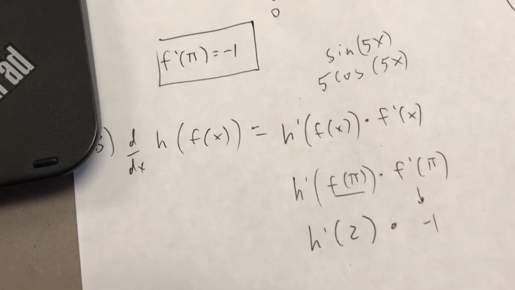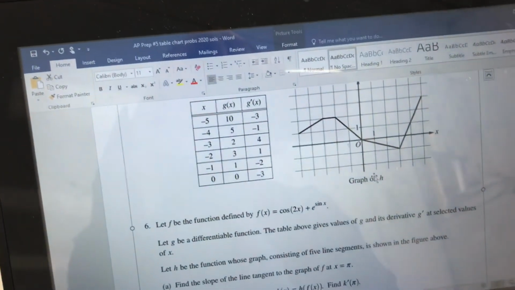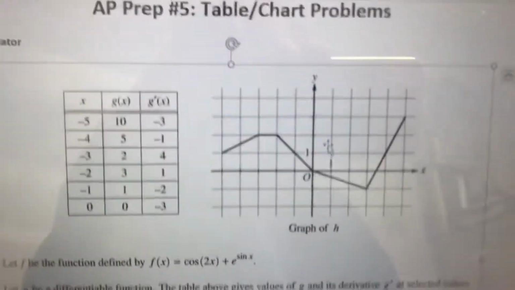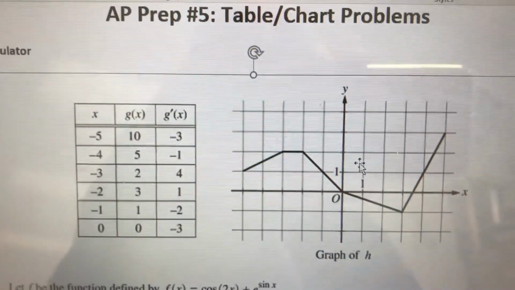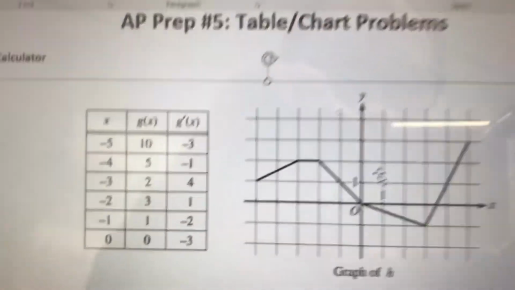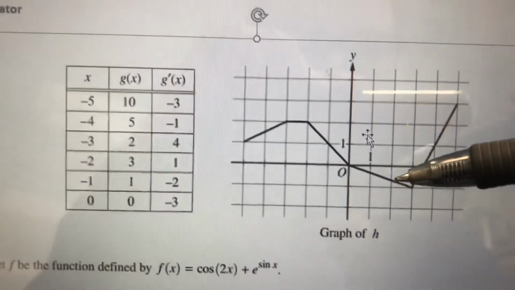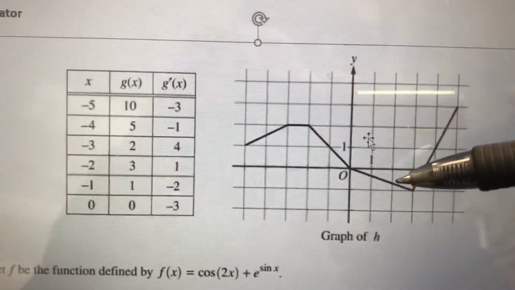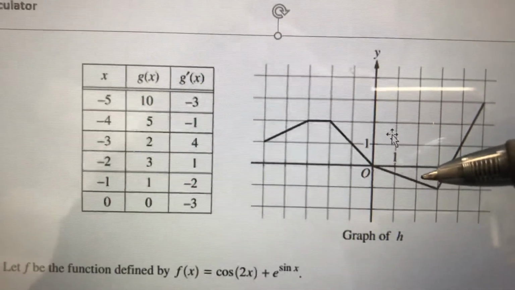Okay? Well, h prime of 2. What's going on with h prime of 2? Well, if you go back to the original graph, you'll notice function h is this graph here. Okay, we want h prime. We want the derivative of h at 2. Well, the derivative is just a slope. And notice it's a super easy slope to find because it's a straight line. So they love these problems where you're using calculus concepts, but you're really using some really basic algebra here.